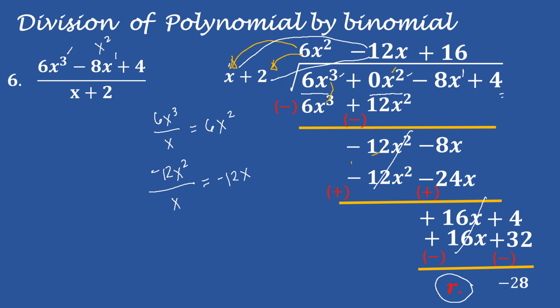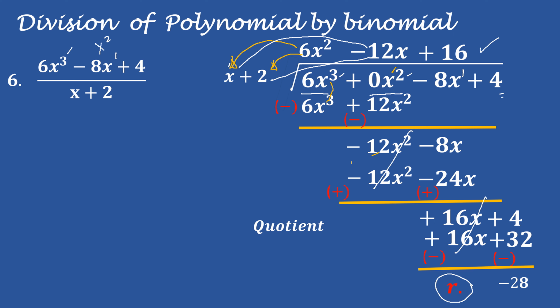So therefore, how do we know if our answer, or our quotient, is correct? Okay, so let us try and see. Since we have already come up with the final step in here, we have a remainder of negative 28.